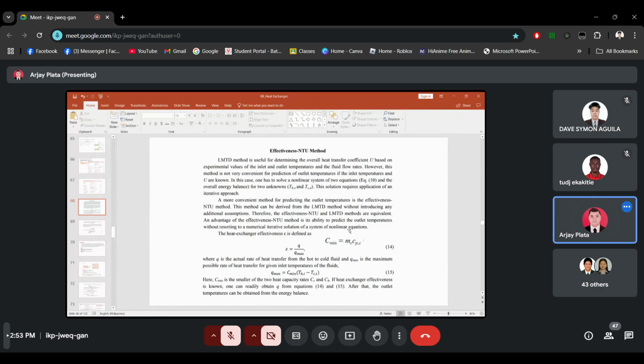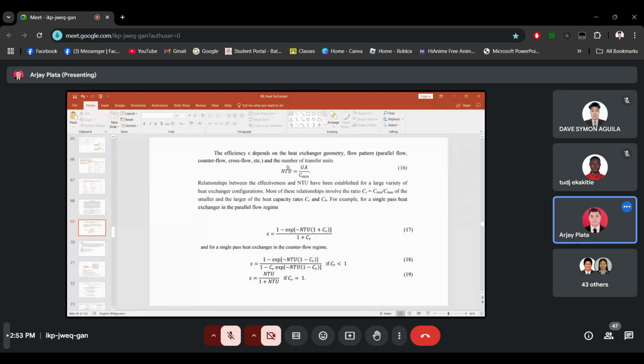Okay, so what is NTU? NTU is the number of transfer units. For example, in a problem, we are asked to determine how many heat exchanger units are needed to satisfy the required rate of heat transfer. Using the NTU method, we can also determine the number of tubes.